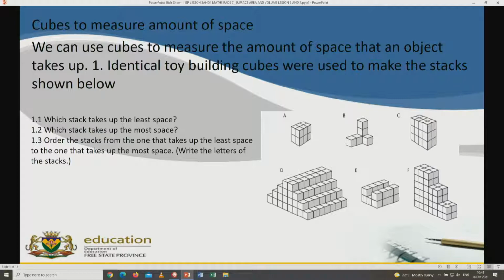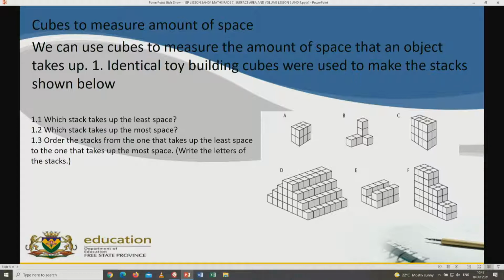Then number 2, which stack is now taking up the most space? The one which is occupying more space. Stack A, B, C, D, E, or F. Then you can see that it is most definitely D that is taking the most space.